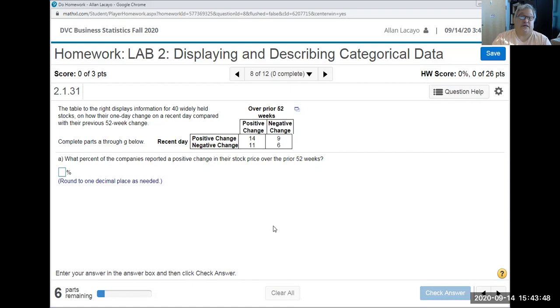Make sure that you have enabled cookies, Java, pop-ups, Flash if you have an older browser, and also allow for ads.